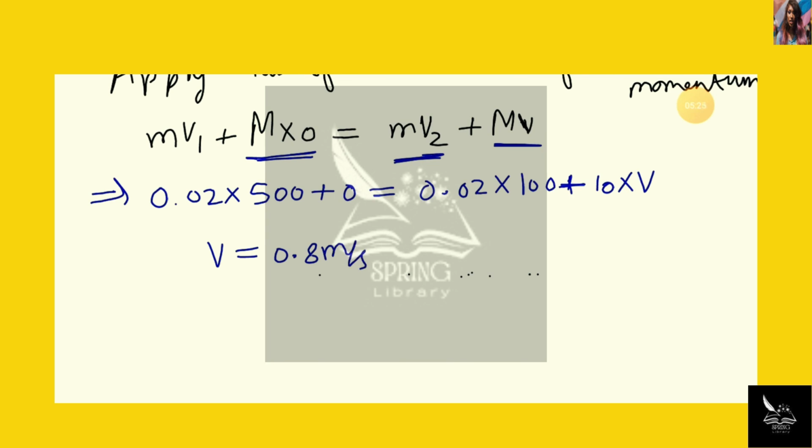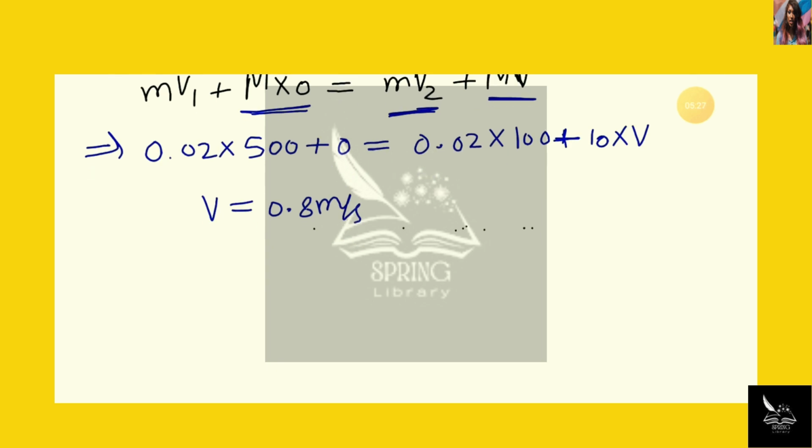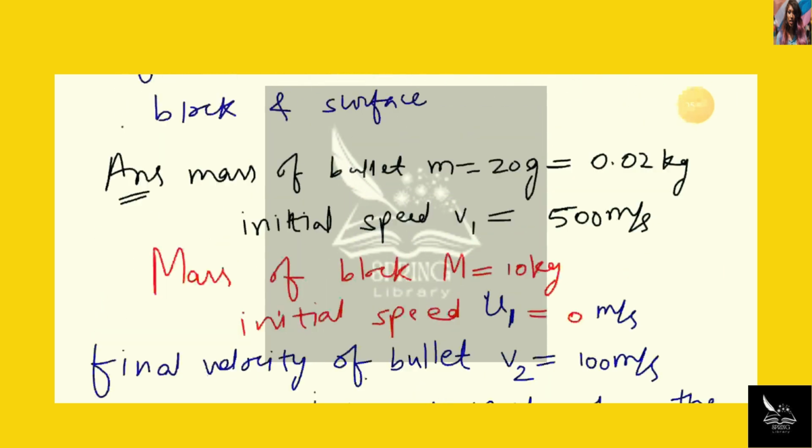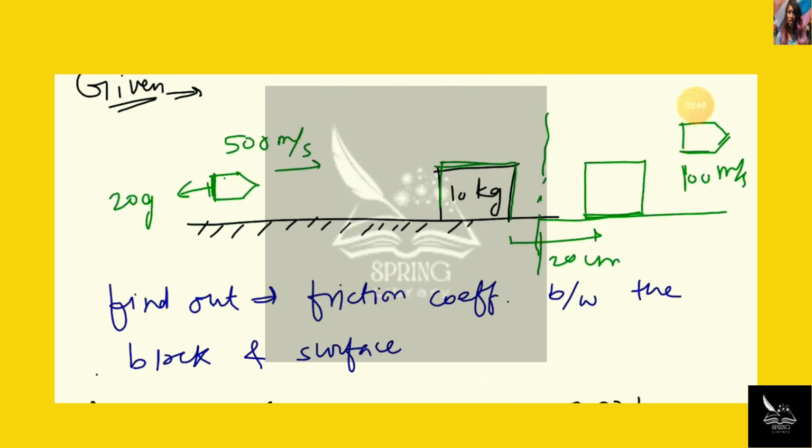So now in the question the distance covered by the block is given, that is d equal to 20 centimeter, or I can say 0.02 meter. You can see in the figure also that after colliding, the block will slide by 20 centimeter.